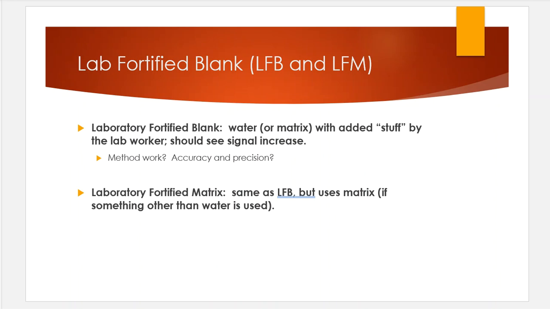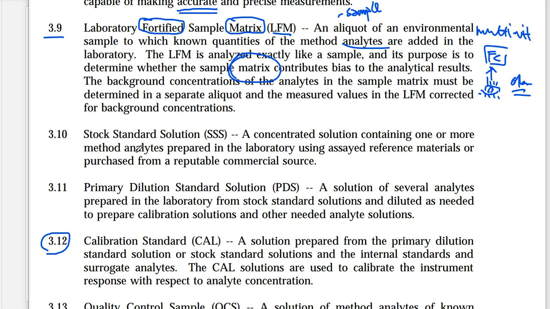So in the next video, we might finish up the definitions, and we're going to continue on, and we're going to go into 310, and we're going to go into 311, something called a stock standard solution and a primary dilution standard. That's where we're going to start dancing around and talk about what those definitions are. What are they?